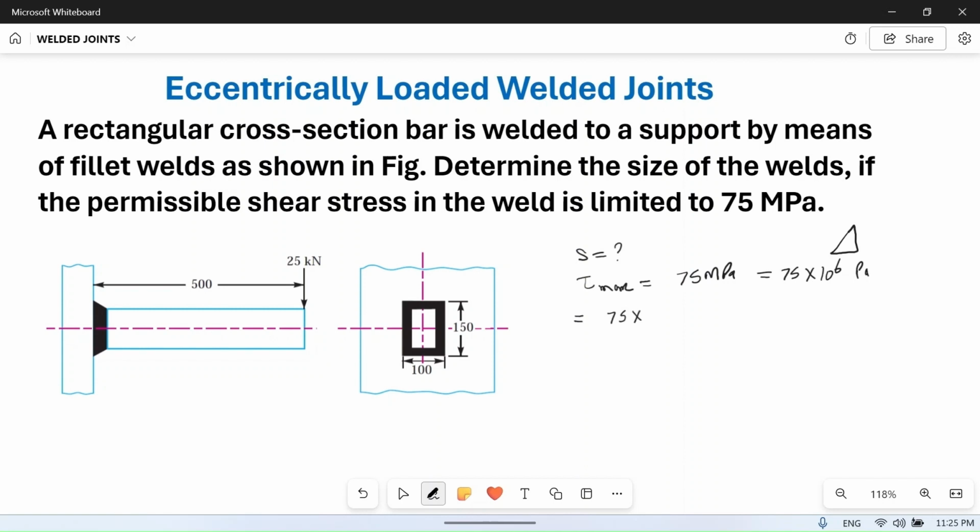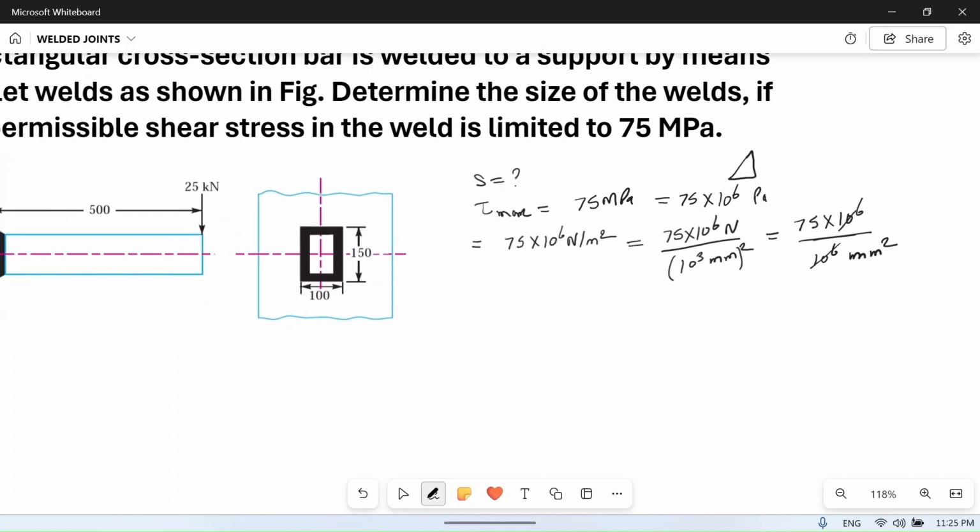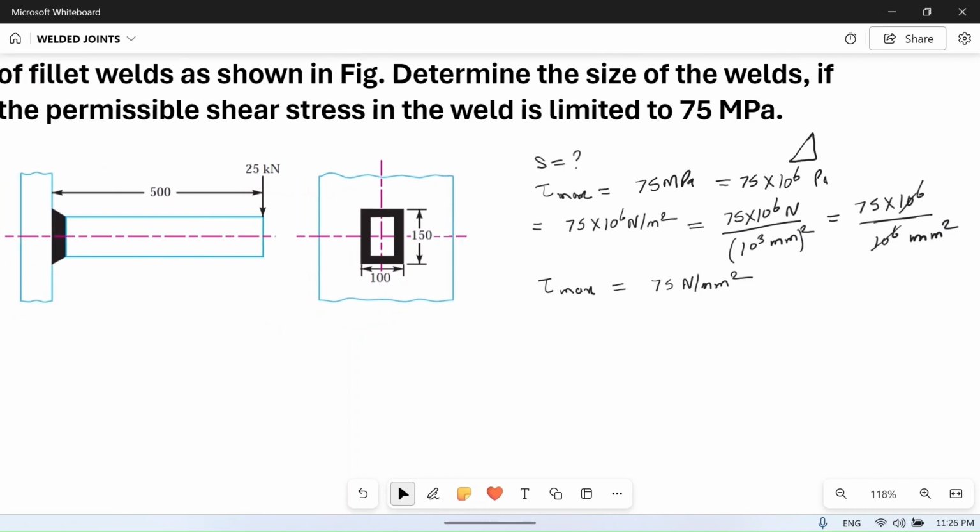So it is 75 into 10 to the power 6 Newton per meter square, which will be equal to 75 into 10 to the power 6 Newton per 10 to the power 3 square mm, because 1 meter is equal to 10 to the power 3 or 1000 mm. 75 into 10 to the power 6 divided by 10 to the power 6, so tau max is equal to 75 Newton per mm square.